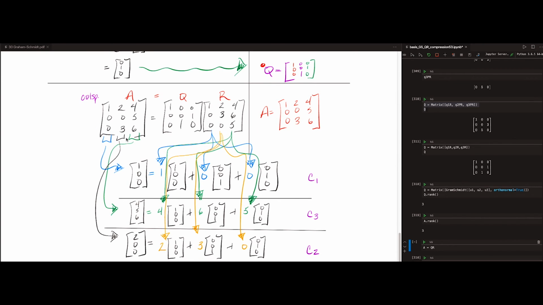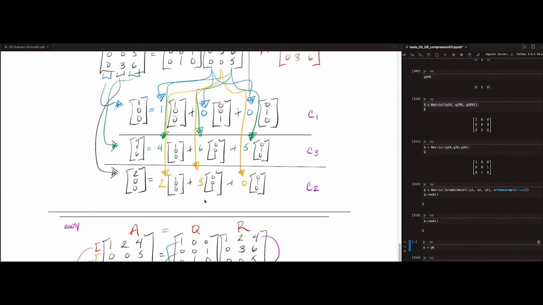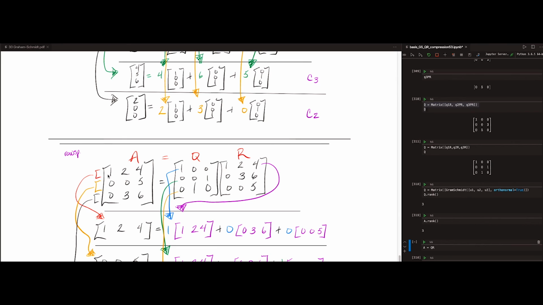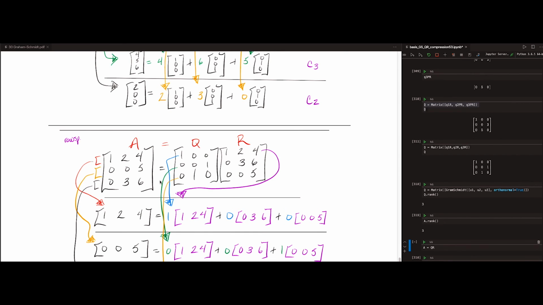And we already kind of know this. We already saw this. But what is kind of staring us in the face to get from A to Q is this R. And we can think about this R as being this row of A, where it takes one of these rows plus 0 of these other rows, and we can see that 1, 2, 4, 1, 2, 4.